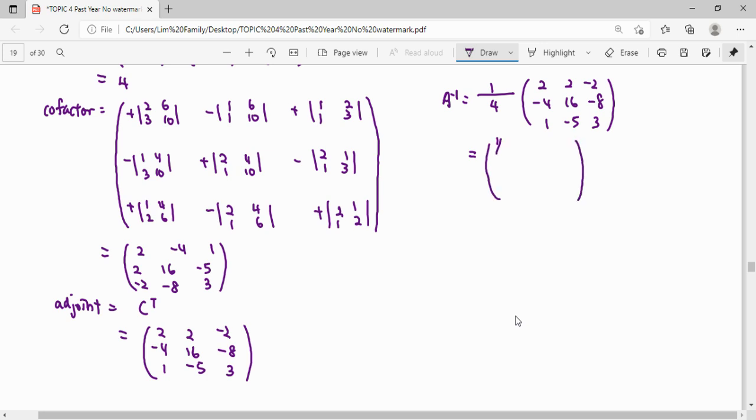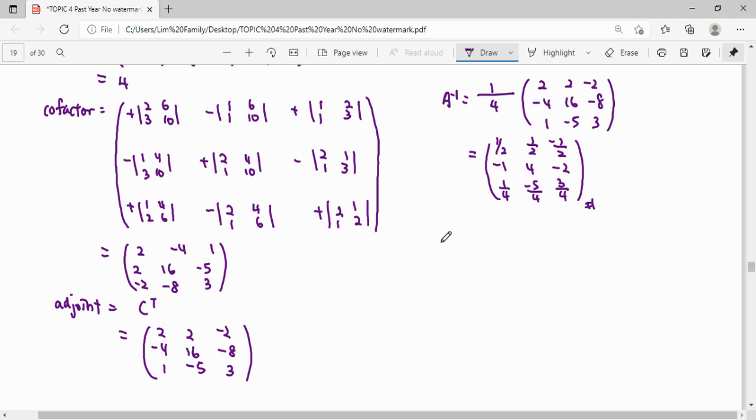Simplify to the simplest fraction: 1 over 2, 1 over 2, negative 1 over 2, then negative 1, 4, negative 2, then 1 over 4, negative 5 over 4, and then 3 over 4. So this is how we get our A inverse in our first task.